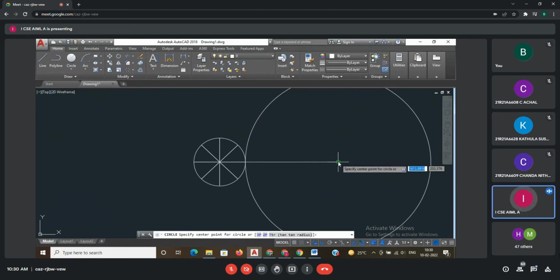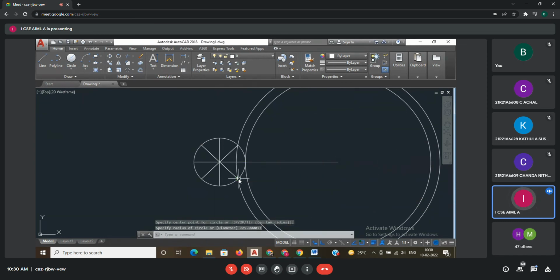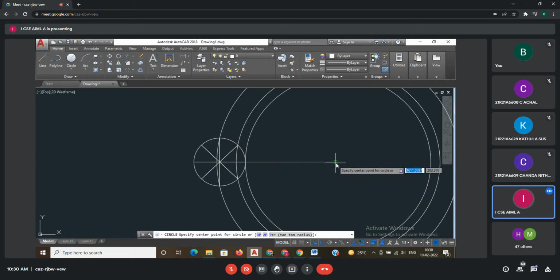That's why you have to select the center and radius method. The center is your larger circle center, and the radius will be your points. Now this is your first center. Next, again, second center. Next, third center.